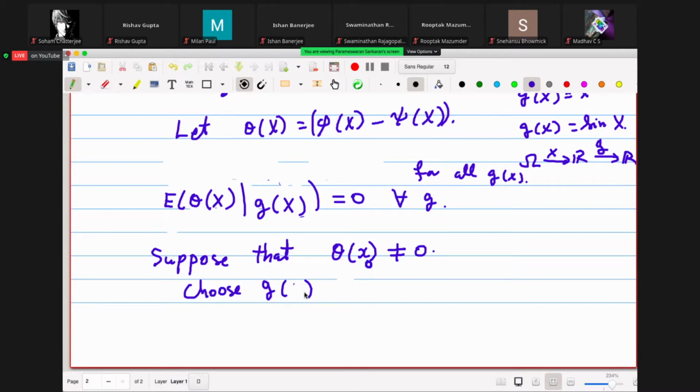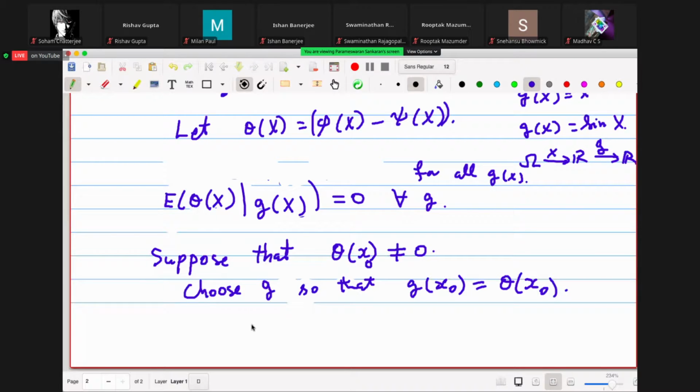Now choose g so that g of x naught is equal to theta of x naught. I don't know if it will work, but let us just try this.